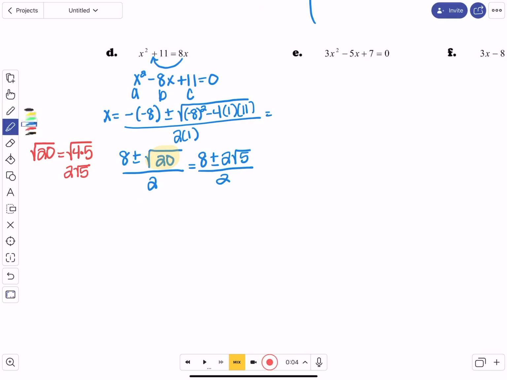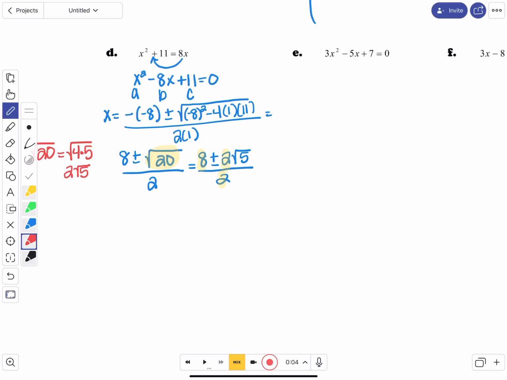Now what we have to do is look at these outside numbers, 8, 2, and 2, and ask yourself, is there a number that will go into all those numbers? Well, 2 goes into all those numbers, so you have to reduce it. It's like reducing fractions.